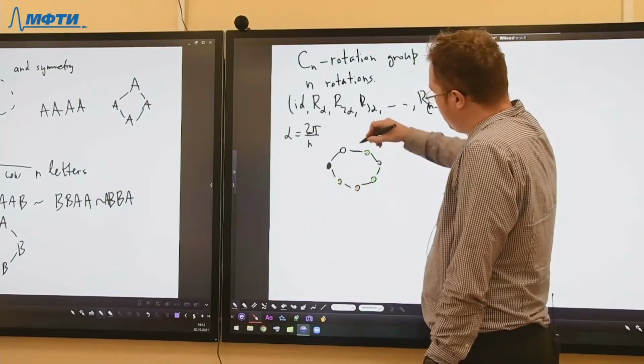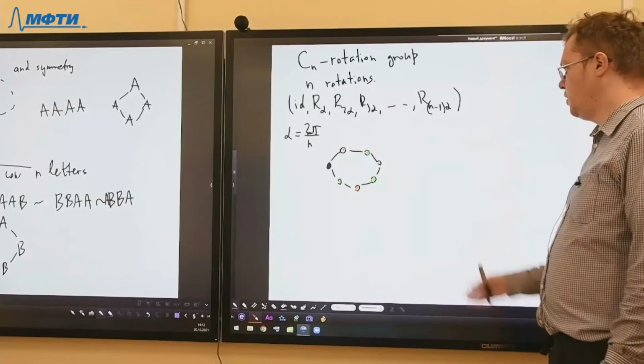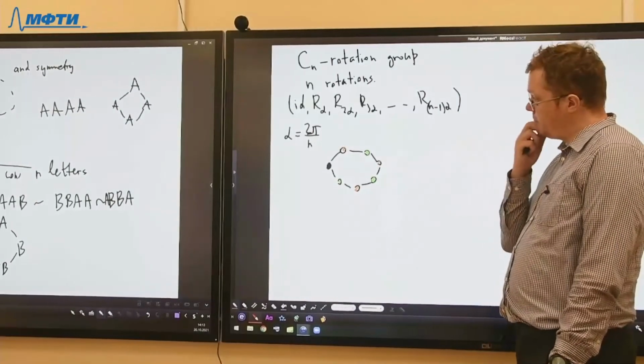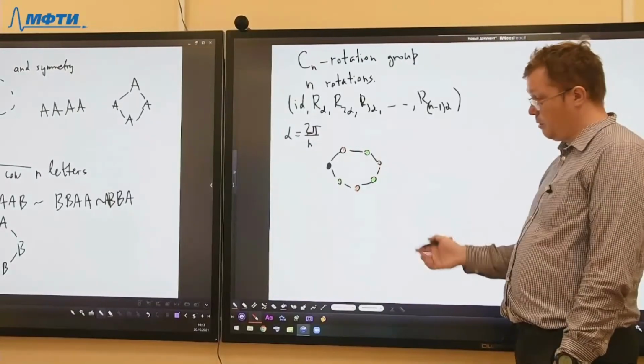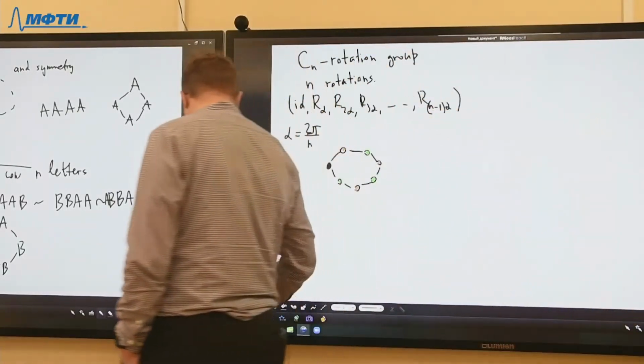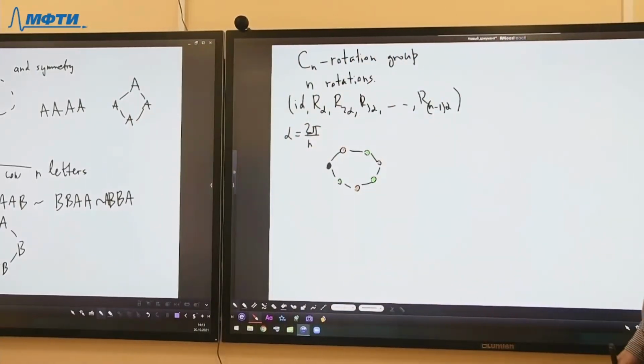Of course, if you have usual necklaces, you just rotate and get different necklaces. But maybe there are necklaces which can be rotated and become the same. So can we say something about the angle of rotation such that it becomes the same?